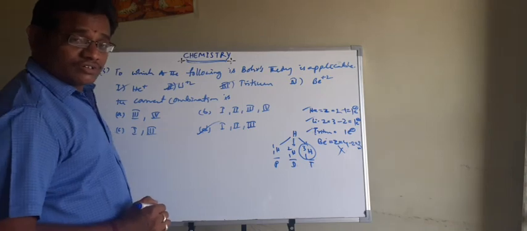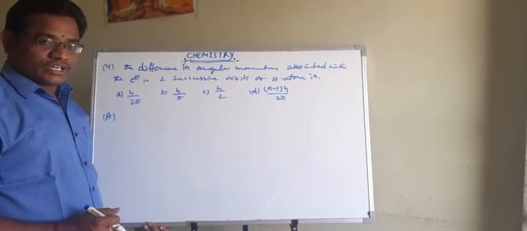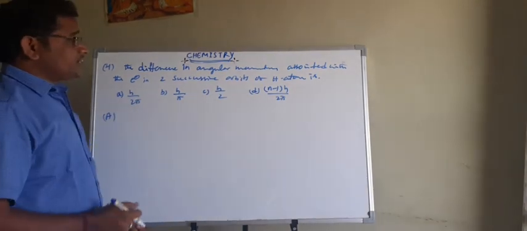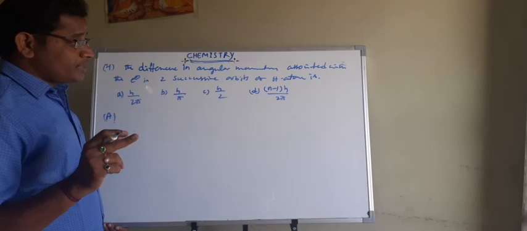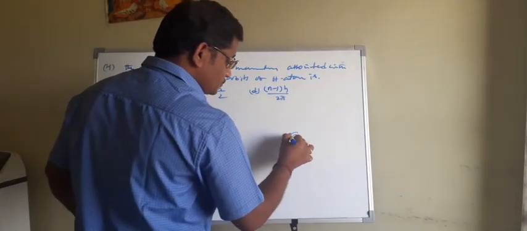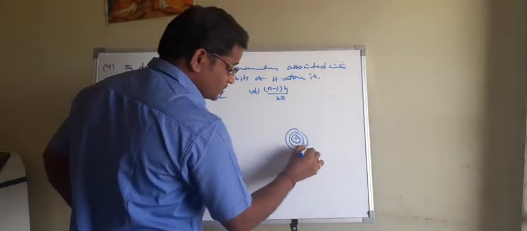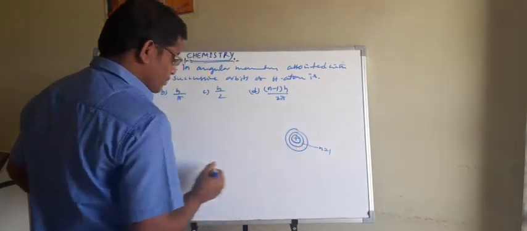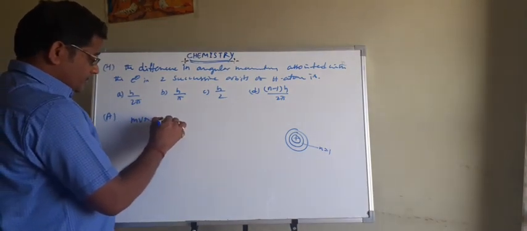The next one is the fourth problem. See the last problem: the difference in the angular momentum associated with the electron in two successive orbits of the hydrogen atom. See here, this is the hydrogen atom nucleus, first orbit, second orbit. The electron present in the first orbit has n value equal to 1. Its angular momentum is mvr is equal to nh by 2 pi.